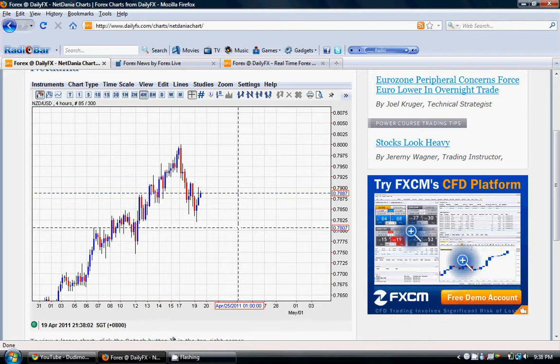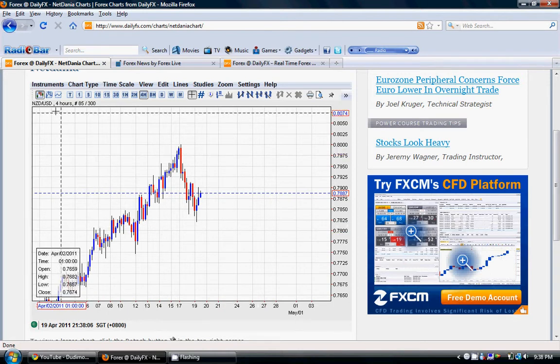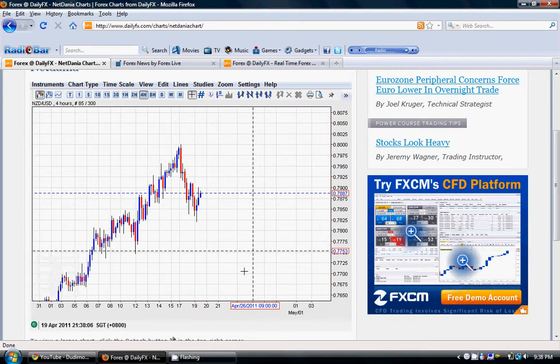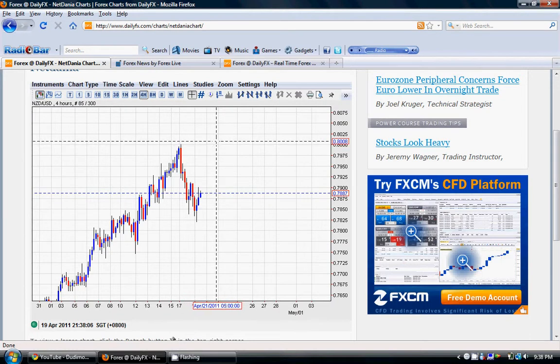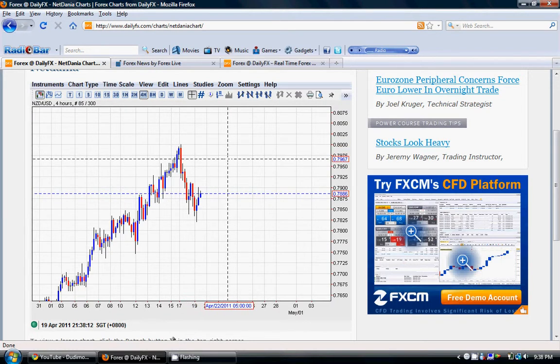Also, added to this, why I want to say this pair is going to be a very good risk-reward trade is that today we had a CPI event coming out of New Zealand.